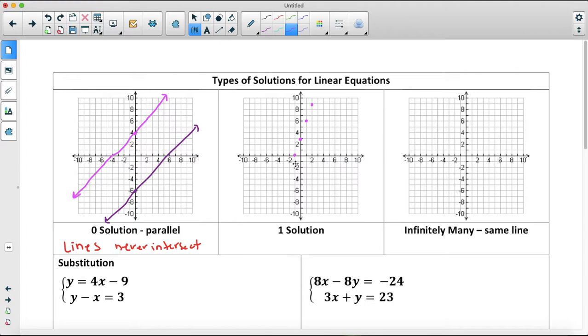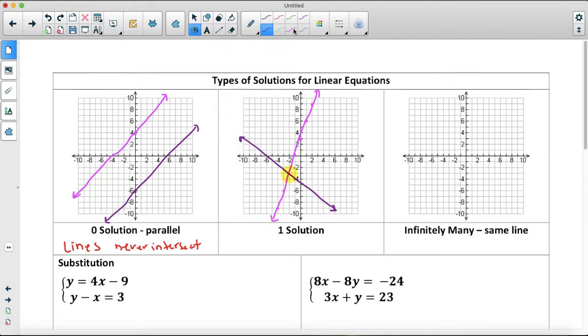So if I were to draw this line out, it would look something like this. Then, if I have a second line that looks very similar to this, we can see that the two lines intersect at this coordinate.